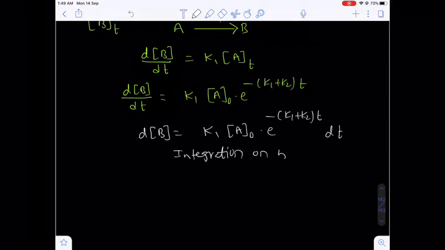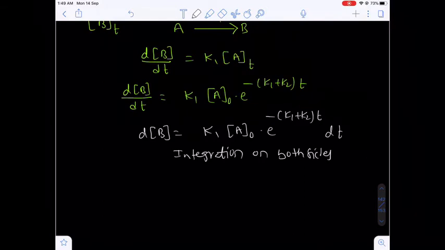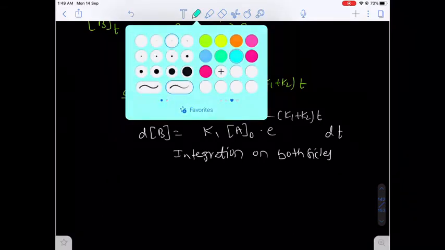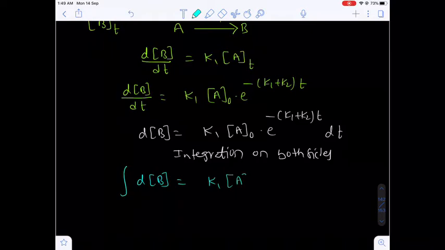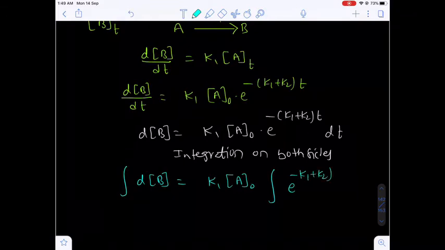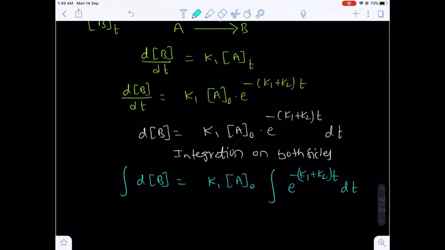Integral dB equals K1, constant, A0, also constant, integral e to the power minus of (K1 plus K2) into t into dt. Are you getting my point?